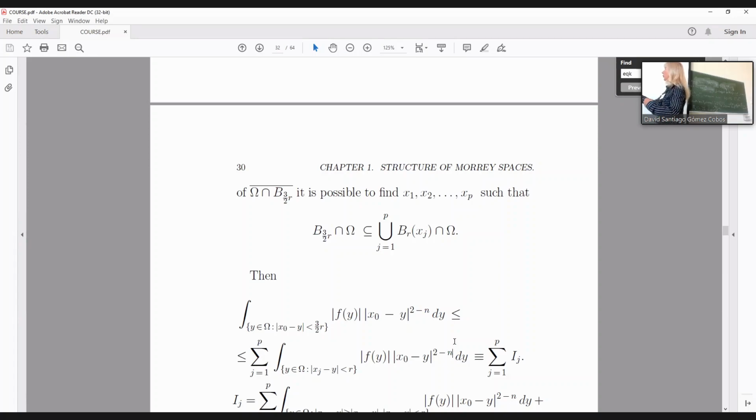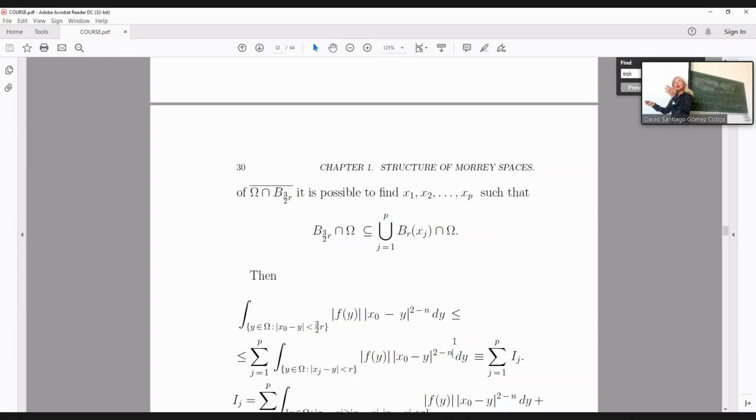Then, because of this consideration, this quantity is less or equal the summation for j from 1 to p of this integral in the sets of y belonging to omega such that |xj minus y| is less than r. The function is the same.